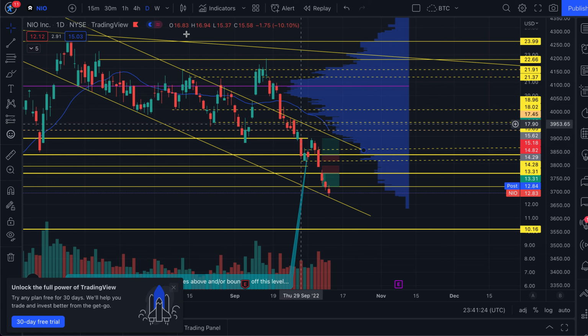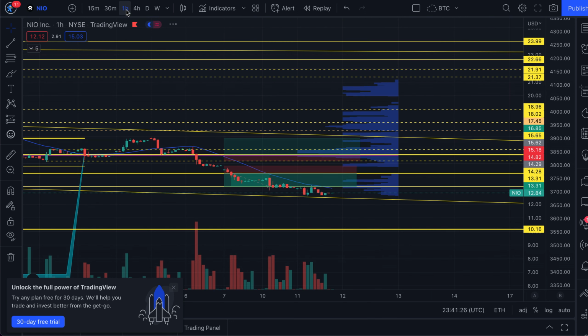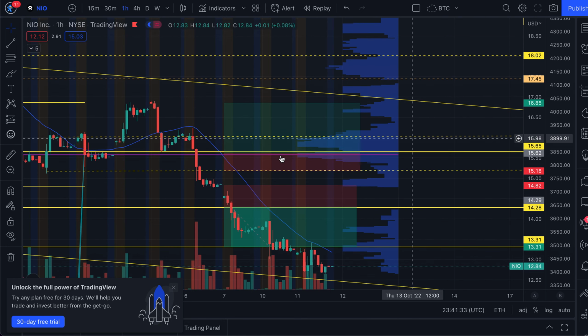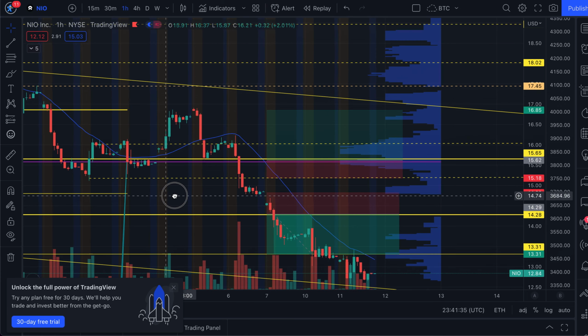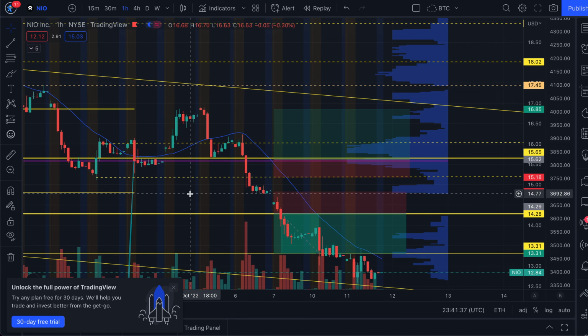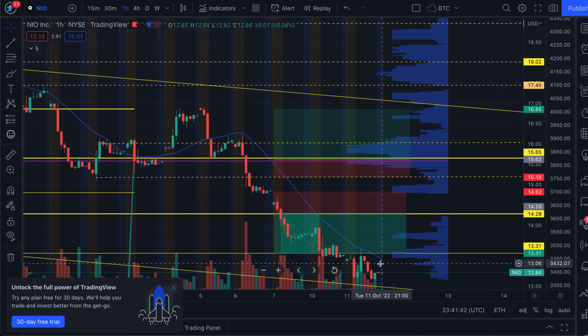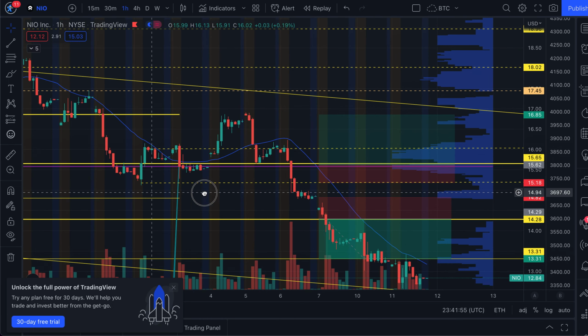Let me zoom into the 1 hour, because I remember more clearly that we had set up these levels on the 1 hour, which were here, and this was 8 days ago, I believe. Today is the 11th, so that basically puts it 1, 2, 3, 4, 5, 6. No, I do remember 7, 8. Here we go. This is where we actually did the analysis.